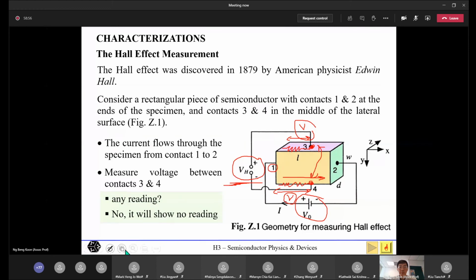Now, what happens if you, in addition, put the semiconductor into a magnetic field?